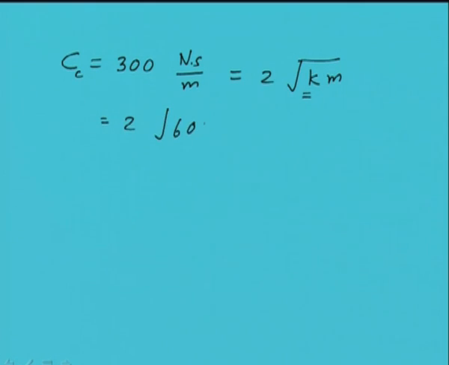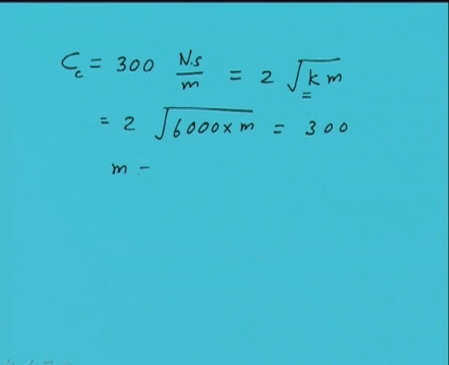Now let us first obtain the mass. For that we have the critical damping parameter, which was 0.3 Newton second per millimeter. Writing it in terms of meter, it is given as 2 times square root of stiffness into mass, and we know the stiffness, that is 6000 Newton per meter. If you substitute this here, that is equal to 300.